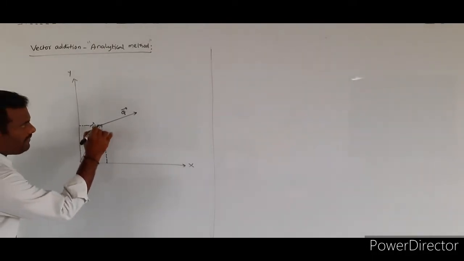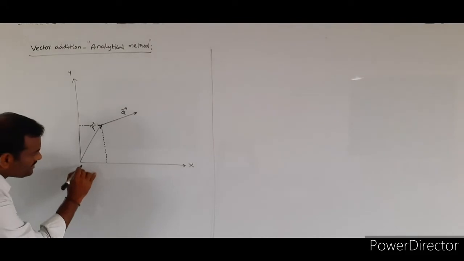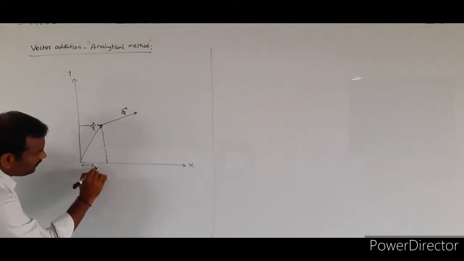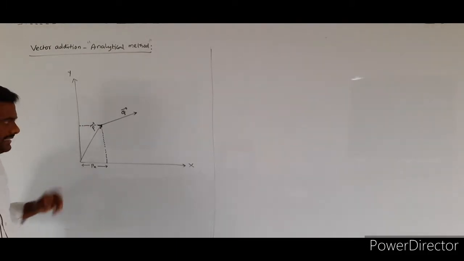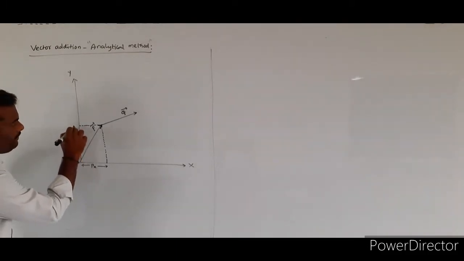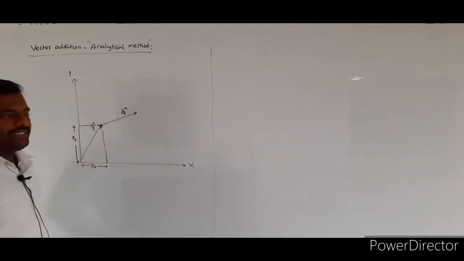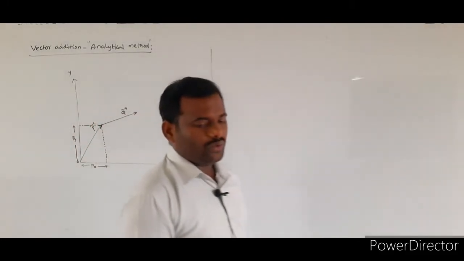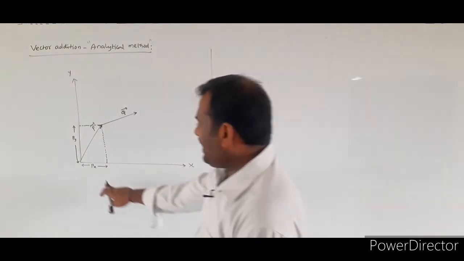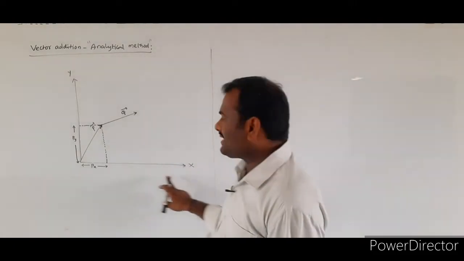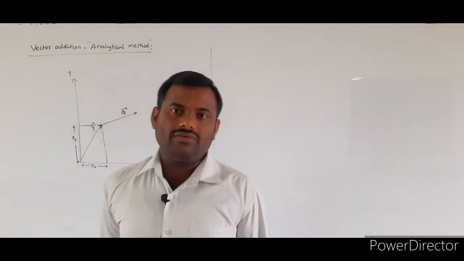If you resolve the vector P bar into two rectangular components, this value is equal to the x component of the vector P bar, say Px, and this value is equal to Py. Px will come along the x-axis and Py will come along the y-axis respectively.